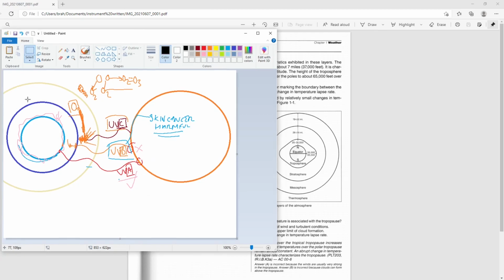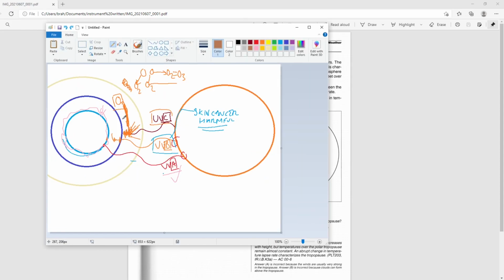Now you might be thinking to yourself, what does all this have to do with the change in temperature in the stratosphere versus the troposphere? Because remember, we mentioned that as you go up in the troposphere, the temperature drops, so it gets colder. And as you move up in the stratosphere, it has the opposite effect. It becomes warmer. Well, that all goes back to this ozone layer here.